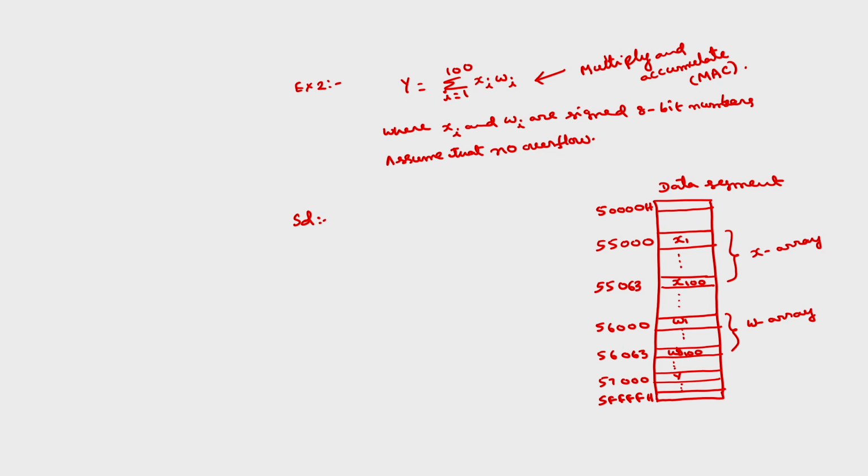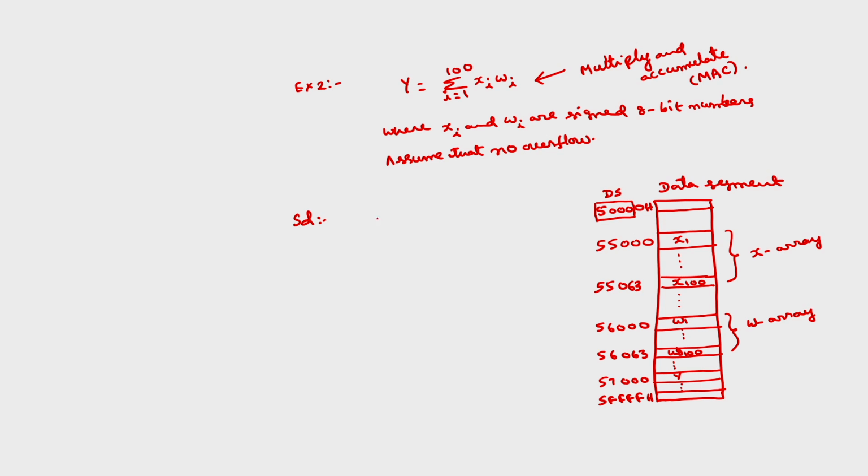So, with this assumption, first you have to initiate data segment register with 5000H. As we know that data segment register will contain the upper 16 bits of starting of that particular segment. We cannot directly take the direct data onto this data segment register or any segment register.